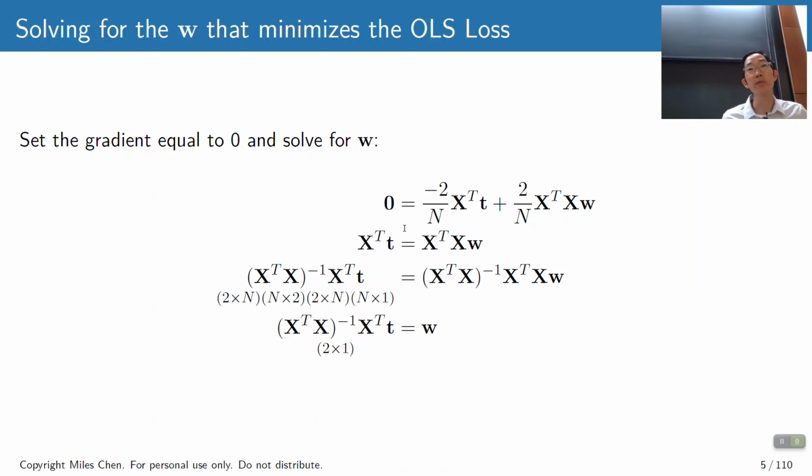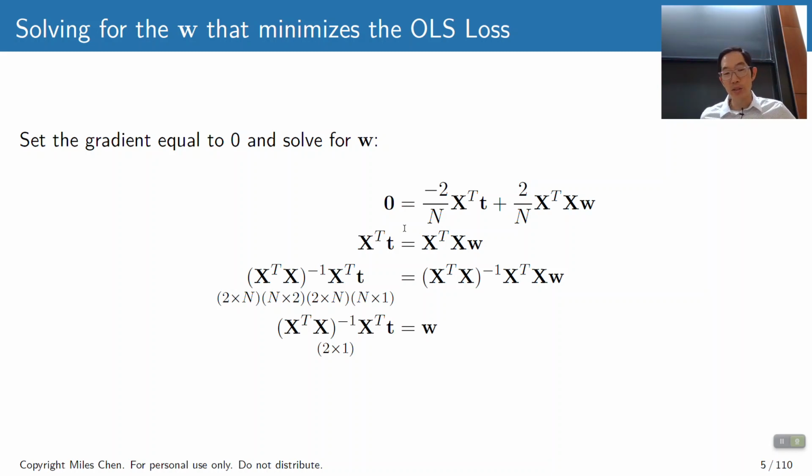This is where we left off on Monday. This is the loss function in matrix notation. We take the gradient of that loss function with respect to W, where W is the vector that contains our slope and intercept parameters. We're looking for the slope and intercept that will minimize the total sum of squared errors, or the mean squared error here.